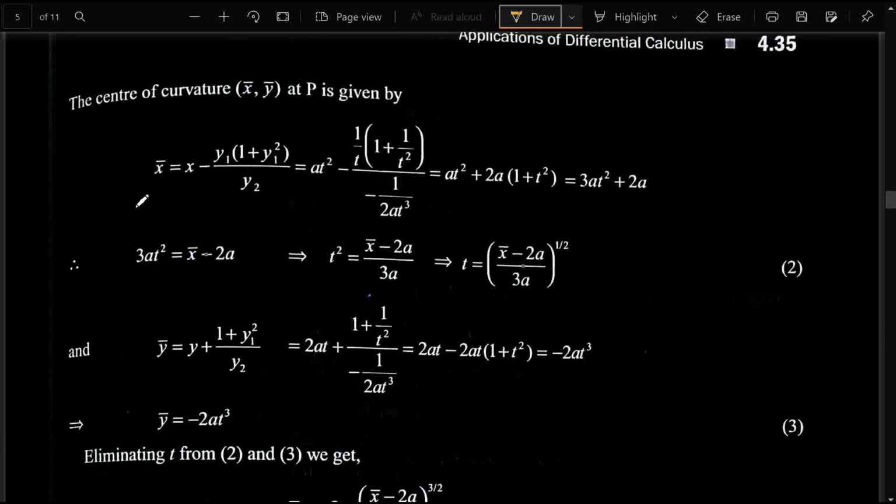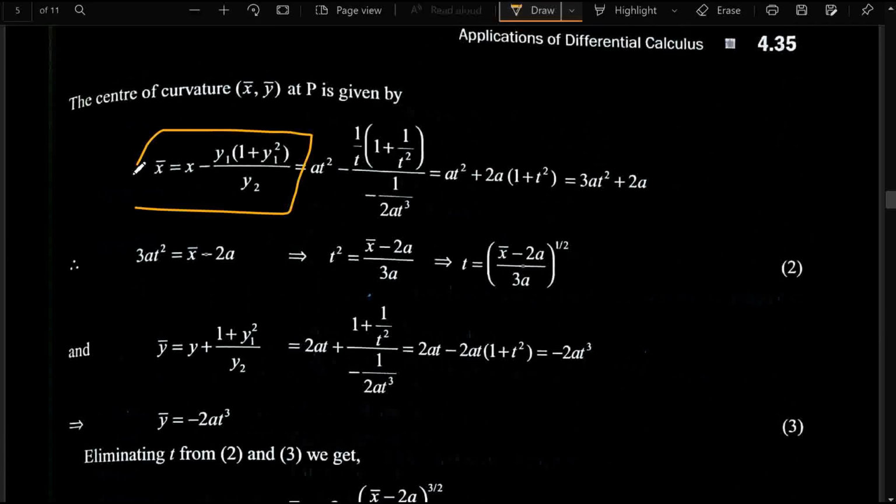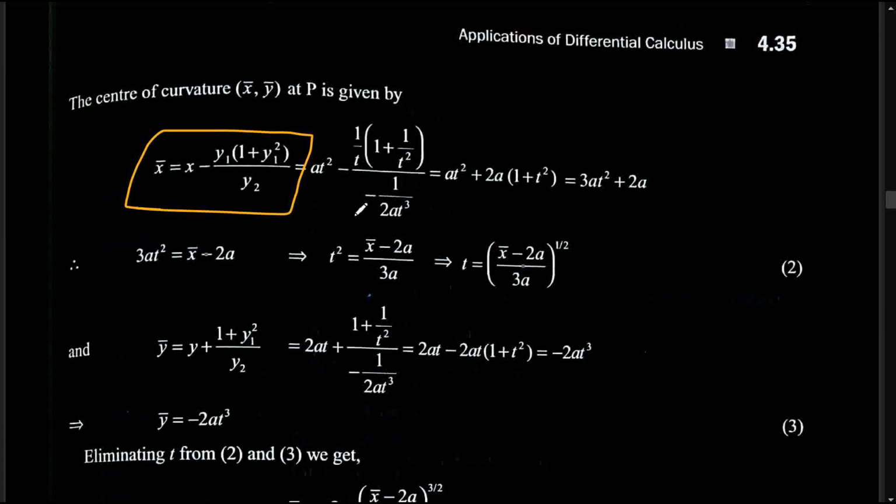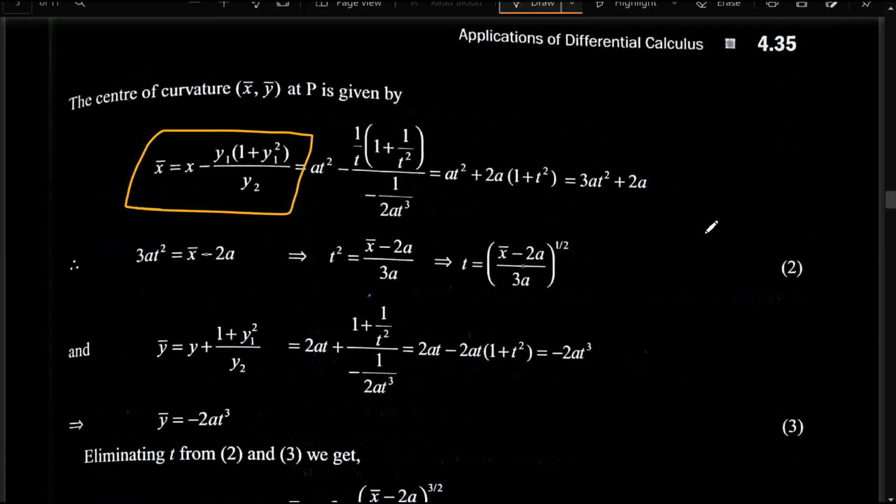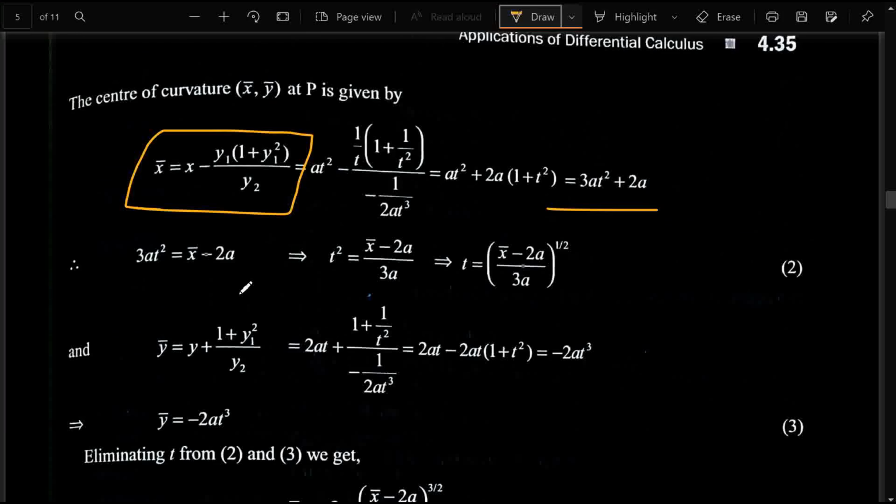Now substitute in the formula which we use to find the evolute: x coordinate is x minus y1 (1 plus y1 whole squared) by y2. Just substitute and you get it. Now this is an important step. The evolute is a curve, so for this curve there will be an equation, but we are finding the coordinates alone. So we have to make it into an equation.